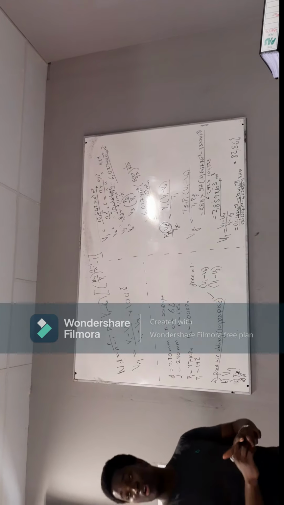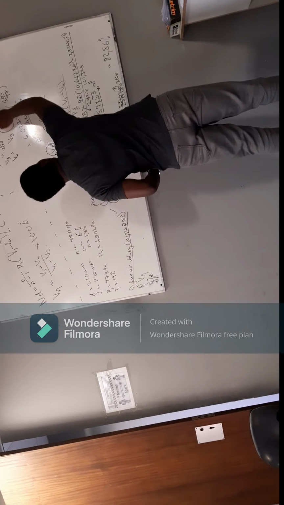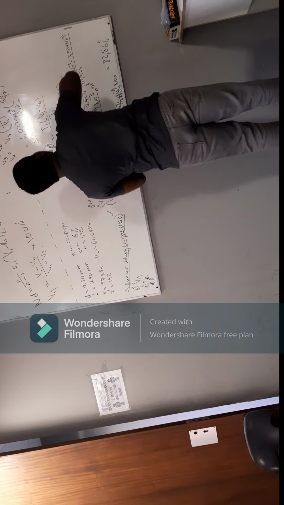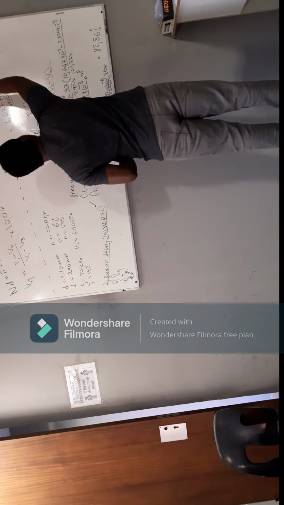Oh, this one is coming from the previous question. So it's 10.044 times 10 to the power negative 3. Yeah, it will give us that answer.